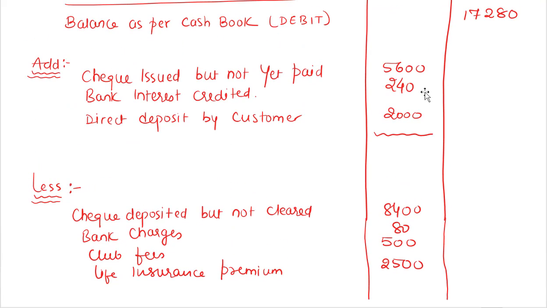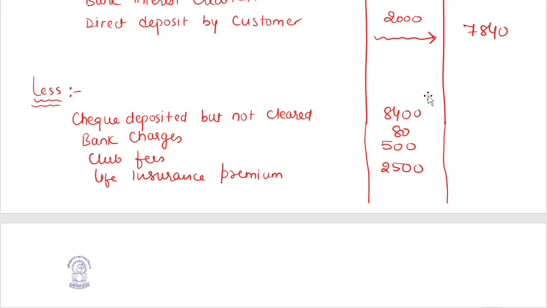Just add these three items. 5600 plus 240 plus 2000. 5600 plus 2000 is 7600 plus 200, 7800 plus 40, 7840. Over here, just deduct these.